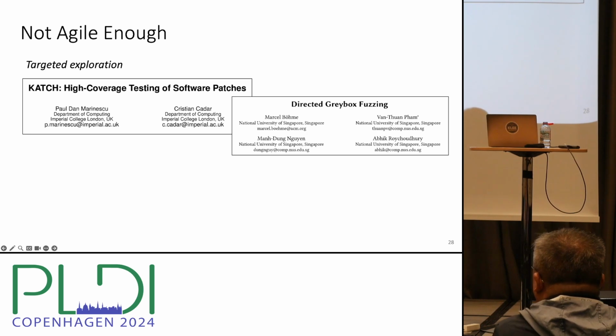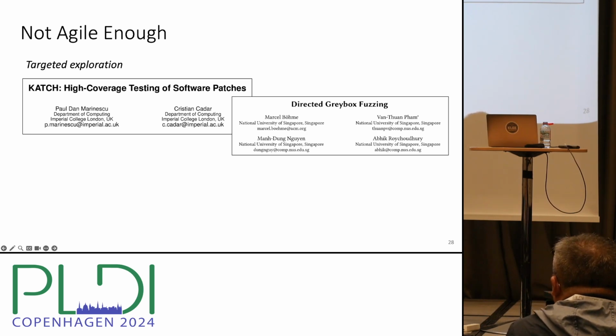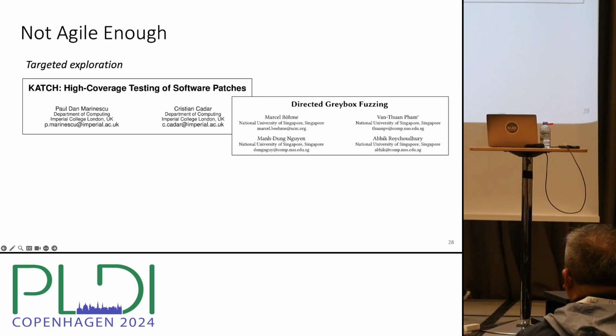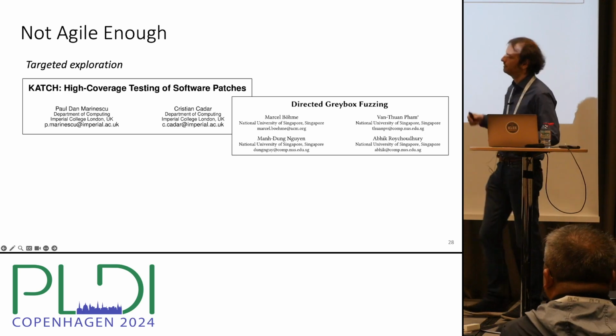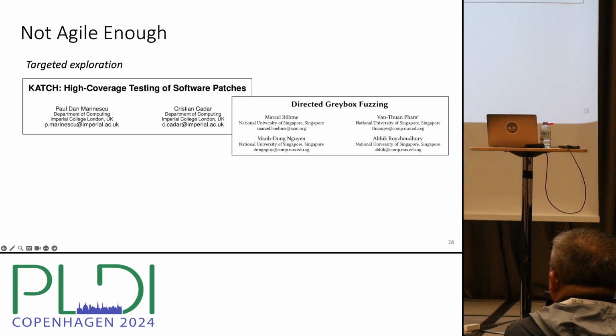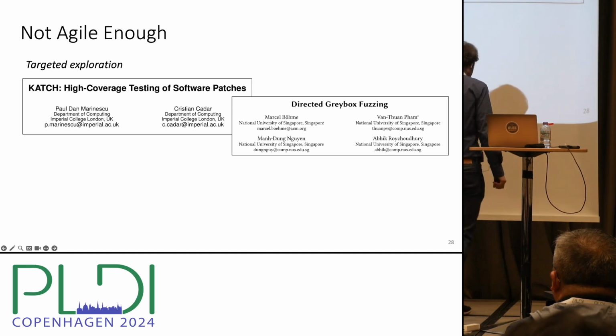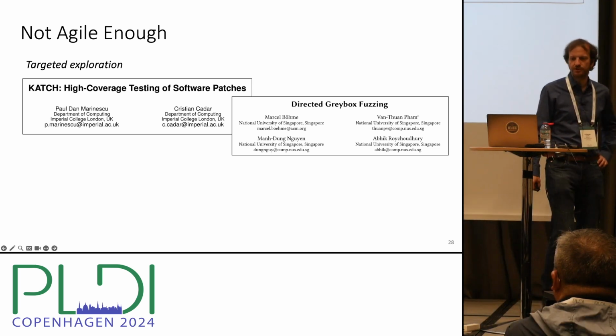Of course, one thing that you can do is targeted exploration, right? These are two pieces of work that have looked at this: KATCH, which we developed, which tries with symbolic execution to target the patch code with various heuristics, and the AFLGo system that was developed with the same goal, but using greybox fuzzing.